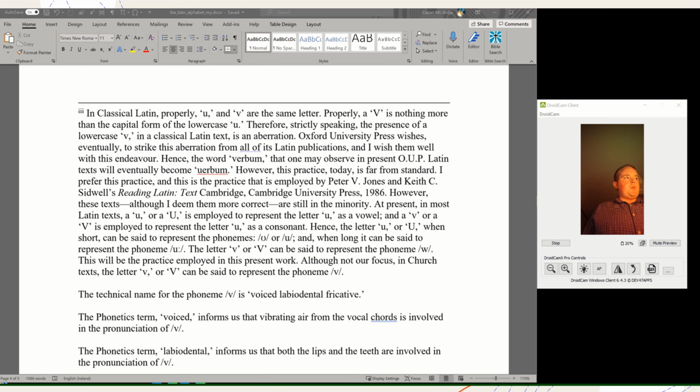This was written in 2019, but I think relatively recently Oxford University Press has released a new Latin dictionary, a new Latin lexicon, and I'm wondering, did they actually do this? Did they get rid of all the consonantal U's written as V's?